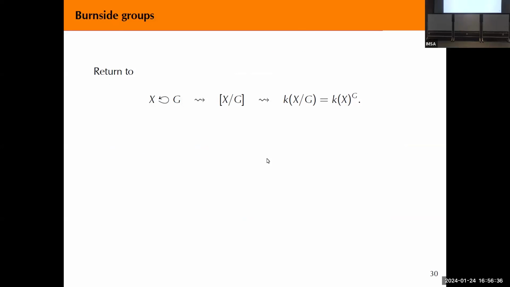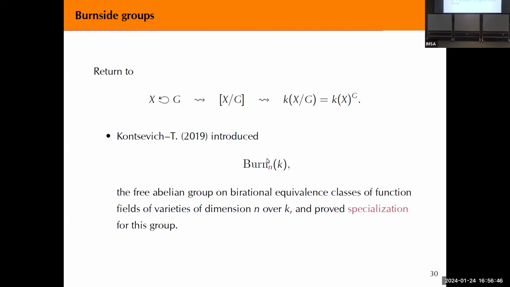Okay. So now let's return again to G actions, stacks, and fields of invariants. Maxim Kontsevich and I introduced these Burnside groups, free abelian groups on birational equivalence classes of algebraic varieties.